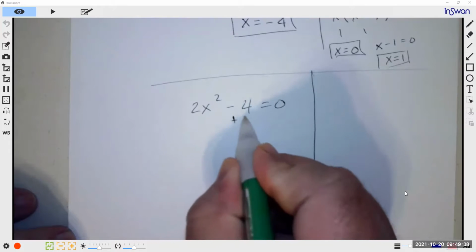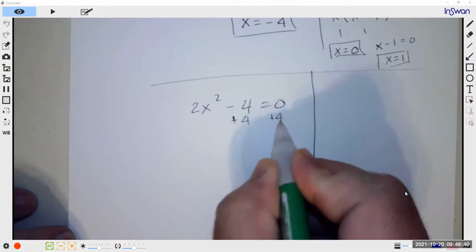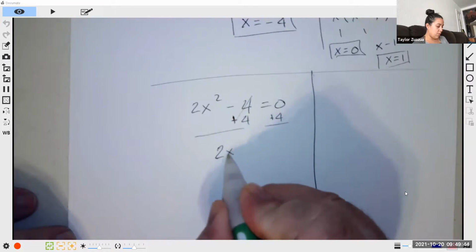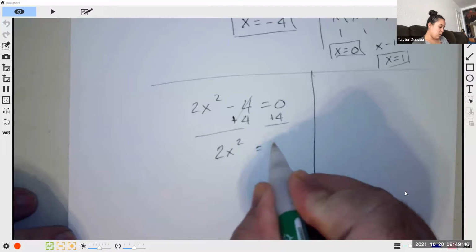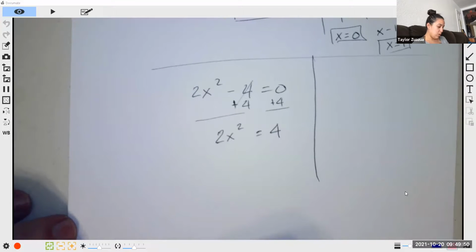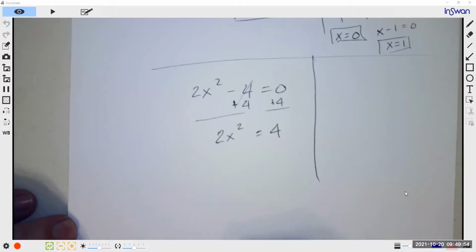So we have to add 4 to both sides. Add it on this side, plus 4 on this side. So you get left with 2x squared equals 0 plus 4, I mean plus 4.